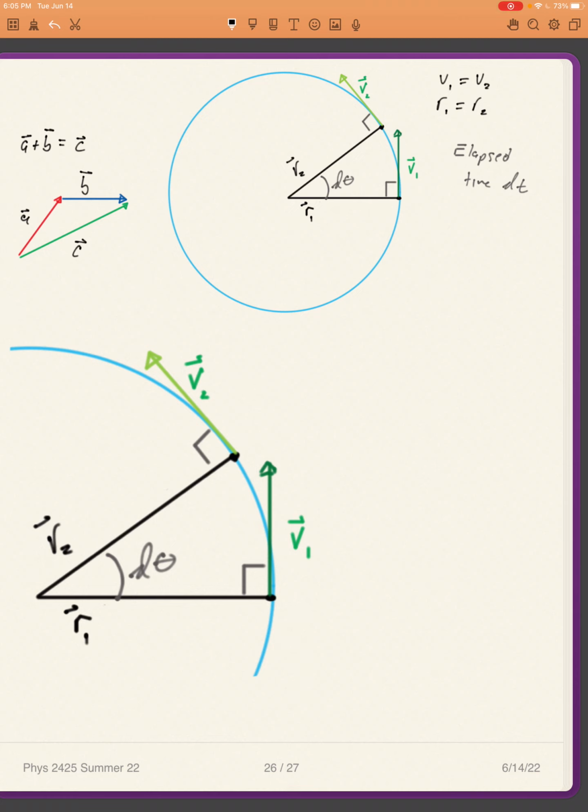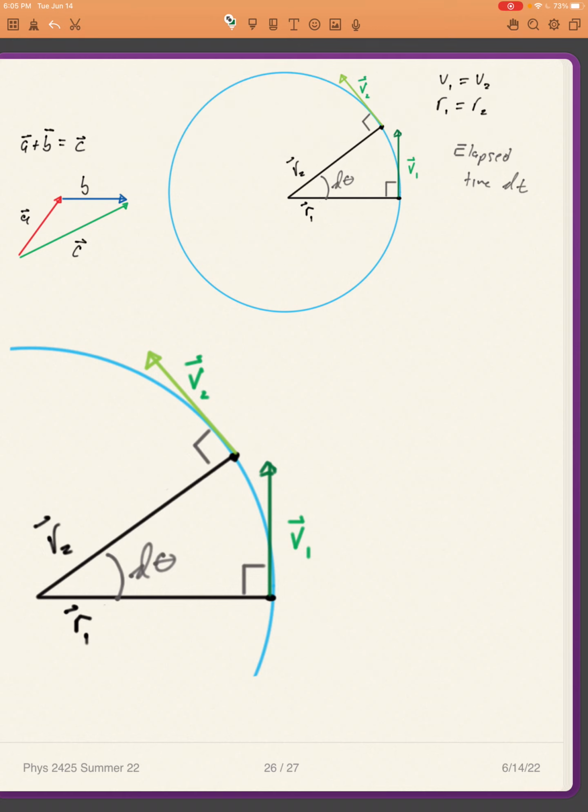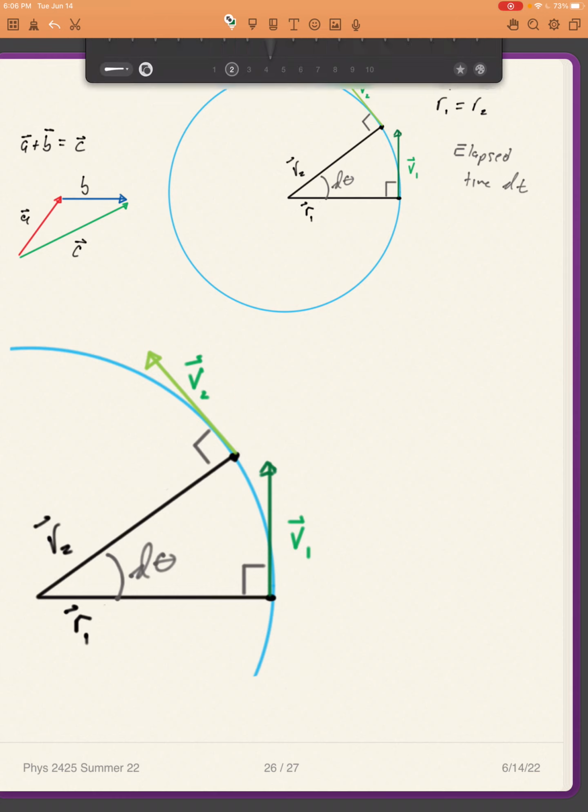I'm going to try to take this vector and put it here. I'll attempt to draw it exactly the same. I don't think I succeeded. Let's try it again.